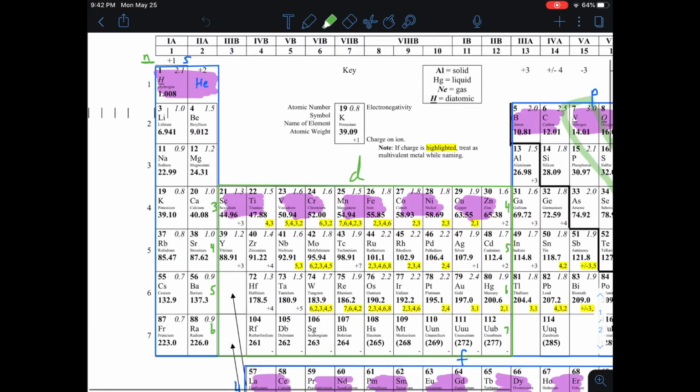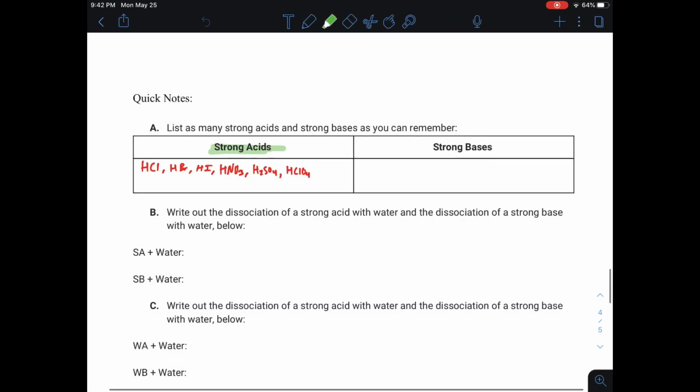You know, these ones over here. I'm leaving hydrogen out, not a metal, and I'm leaving francium out because it's not stable. These 5 elements, when coupled with a hydroxide, are strong bases. So let's list them out.